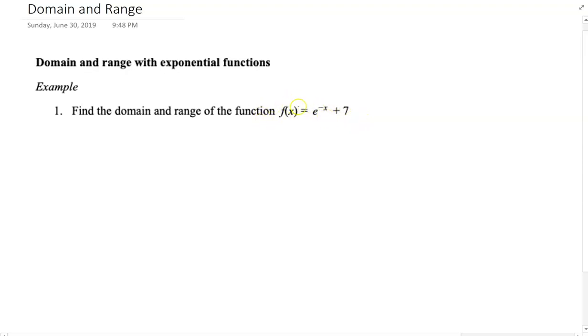Now the domain of this function is all the possible values of the x value which it can take. In this case, there are no restrictions on the domain right here, because e to the negative x is just 1 over e to the x, and e to the x can take on all values.